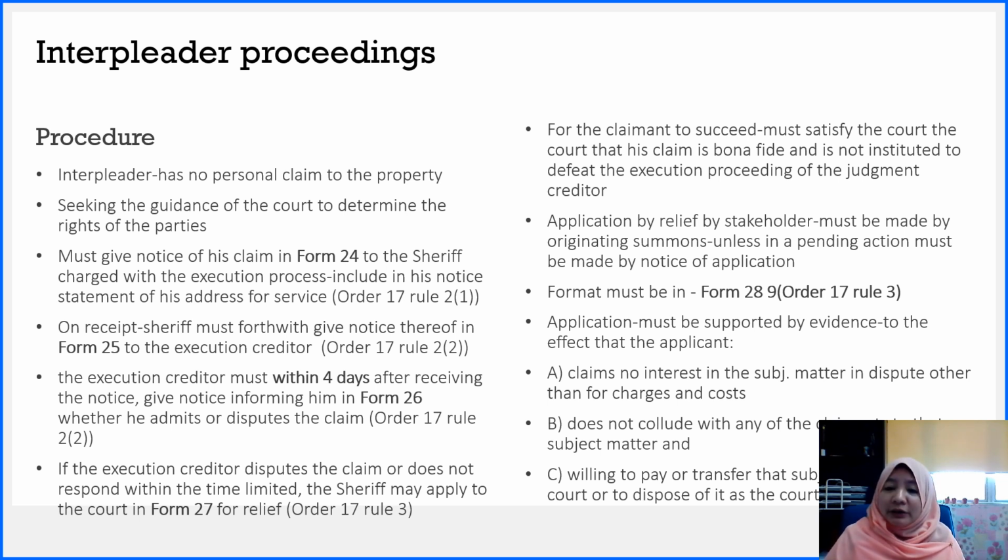Okay, for the claimant to succeed, he must satisfy the court that his claim is bona fide, in good faith, and is not instituted to defeat the execution proceeding of the judgment creditor. The application for relief by a stakeholder must be made by originating summons.